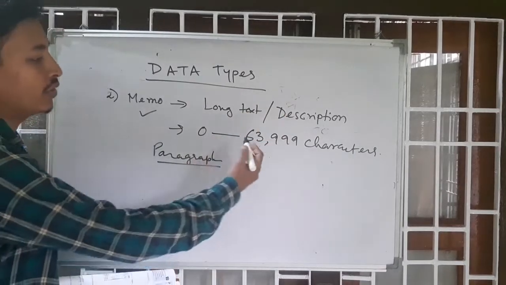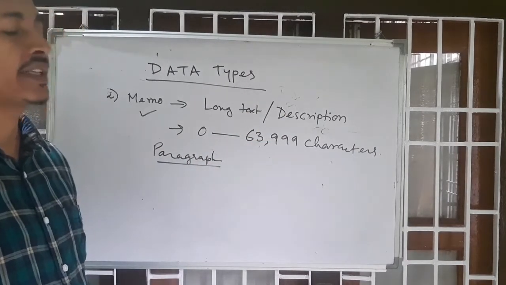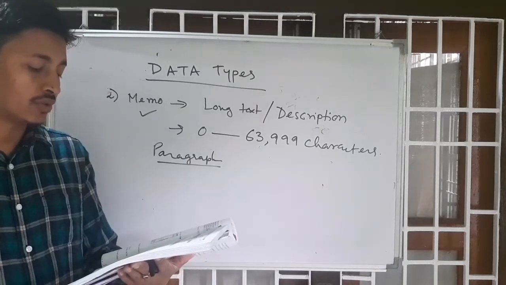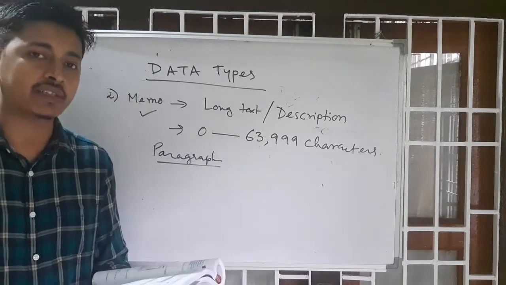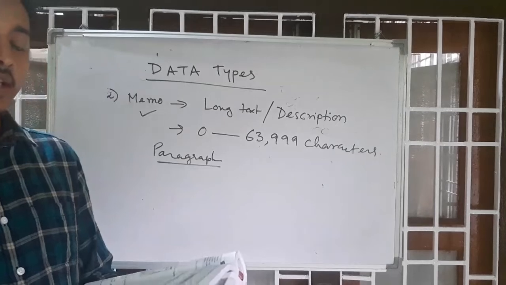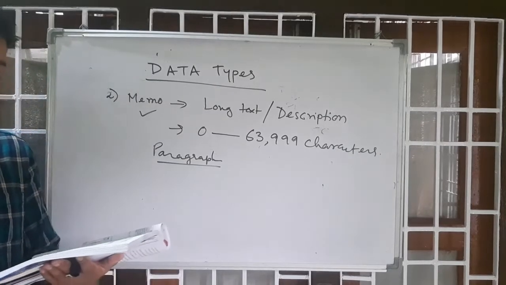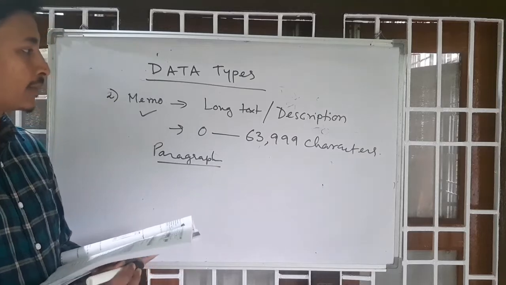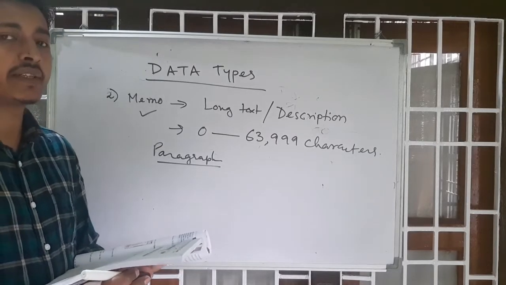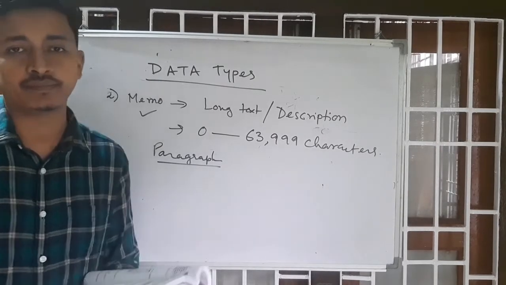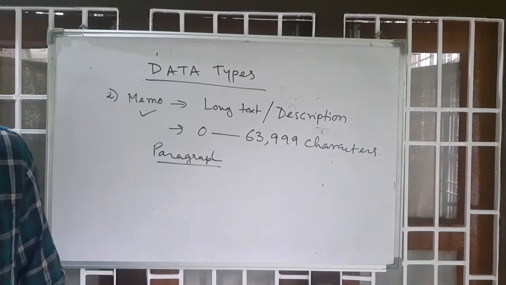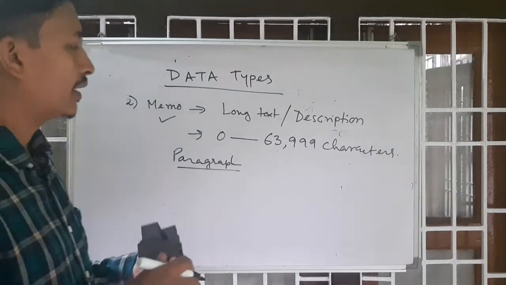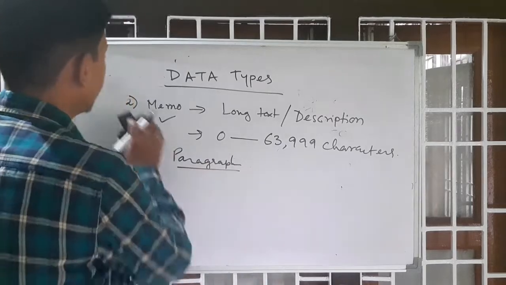It is used to store long text like descriptions or notes, up to 63,999 characters. That is the memo data type, the second data type. Now, the next data type is number.